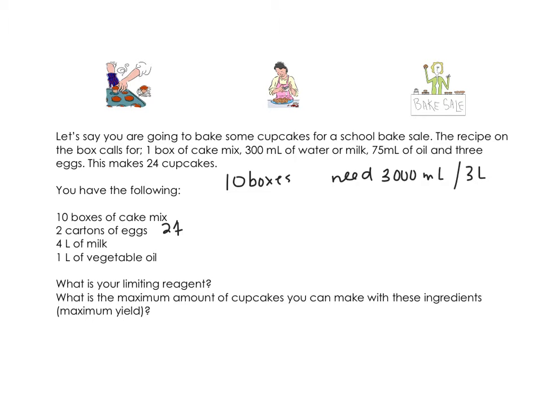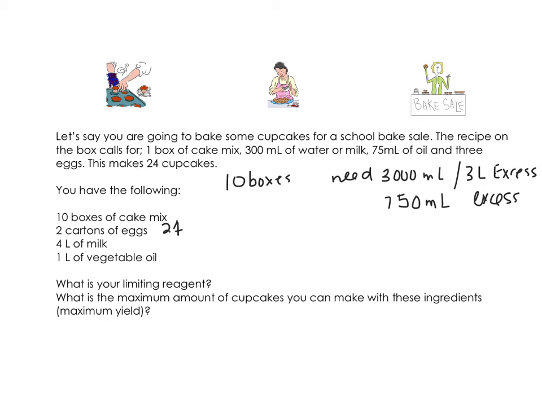We have 4 liters, so this is in excess. There's more than enough. 75 milliliters of oil per box. So 75 mils times 10 boxes is 750 mils, which is less than a liter of vegetable oil, so it's in excess.